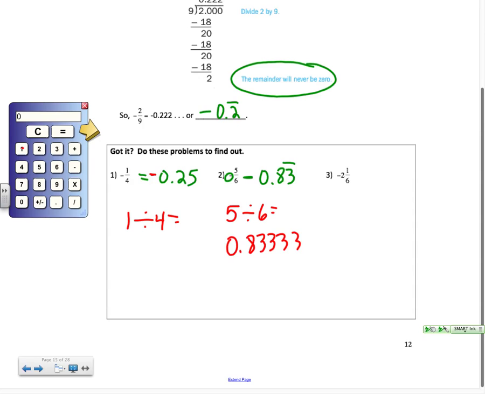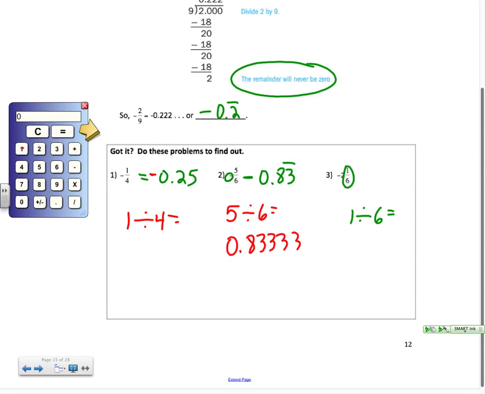The last one, what kind of number is it that has a whole number and a fraction? Abraham? A mixed number, Abraham. A mixed number. Abraham always has to be Abraham. All right, so the only part I am going to be concerned about is the 1/6 so far on my calculator. What is 1 divided by 6?